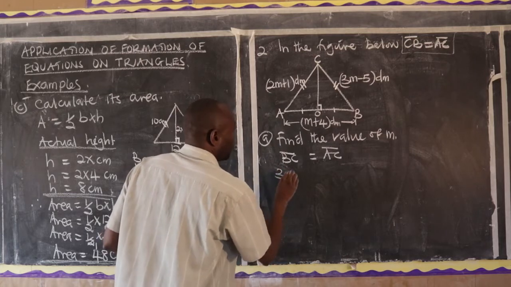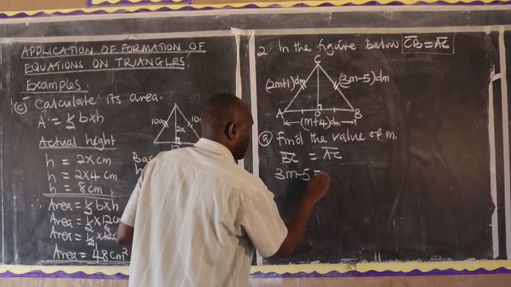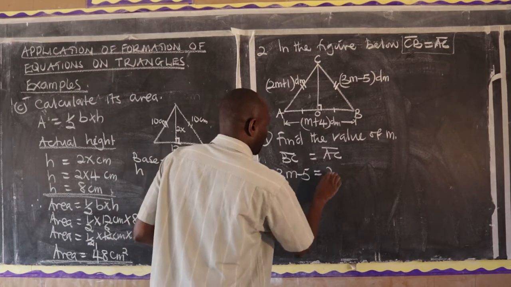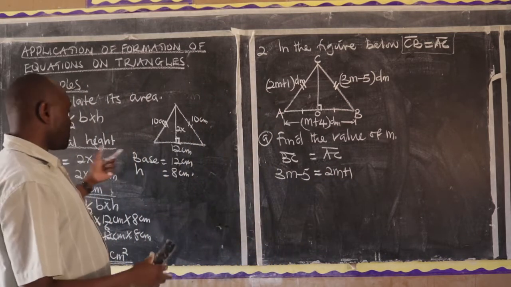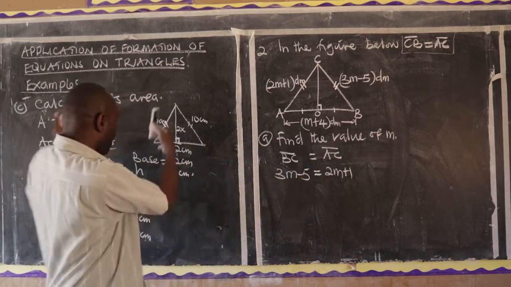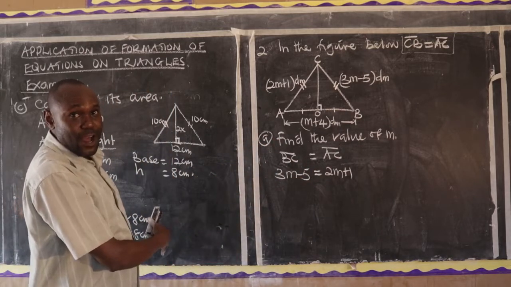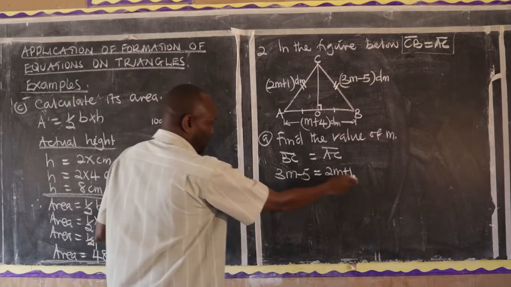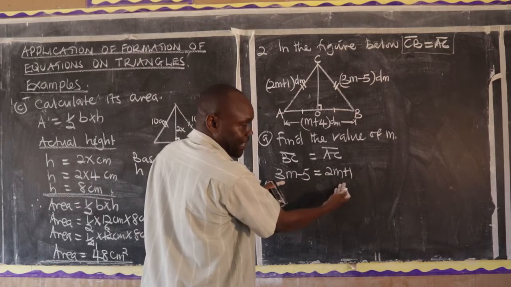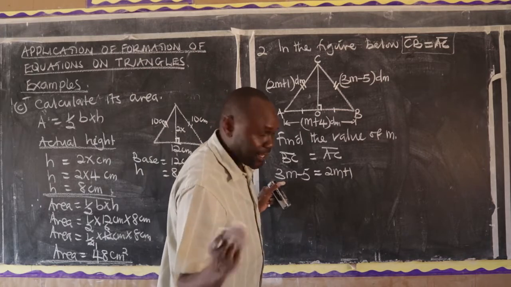So we have 3m minus 5 equals 2m plus 1. This time, I am not going to involve the units, but you saw in our example number 1 how the units disappeared. From there, we have the left-hand side and the right-hand side of an equation.